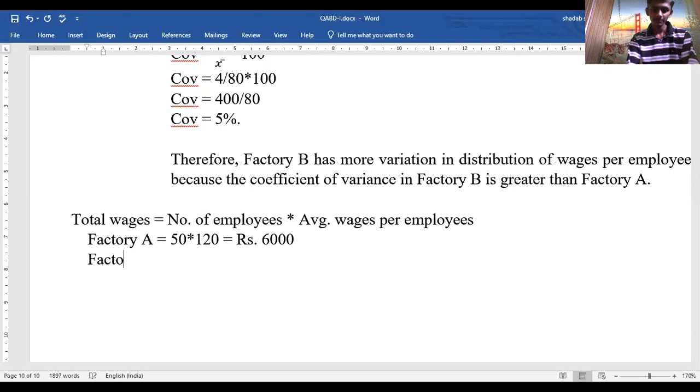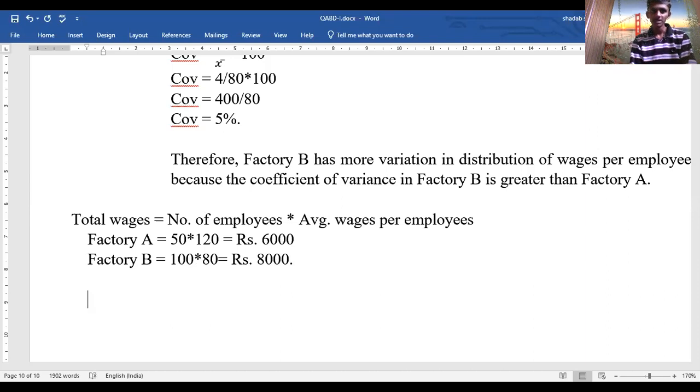In factory B, the number of employees is 100 into average wages of 80 rupees per employee, that equals rupees 8,000. Therefore who pays more?